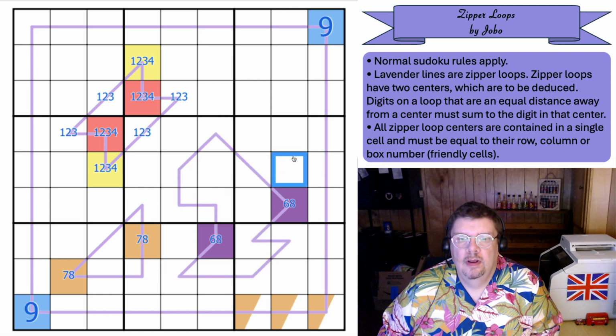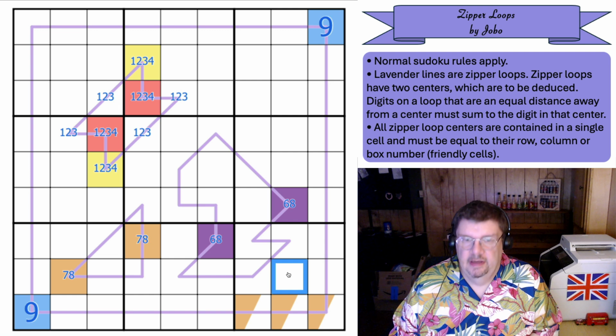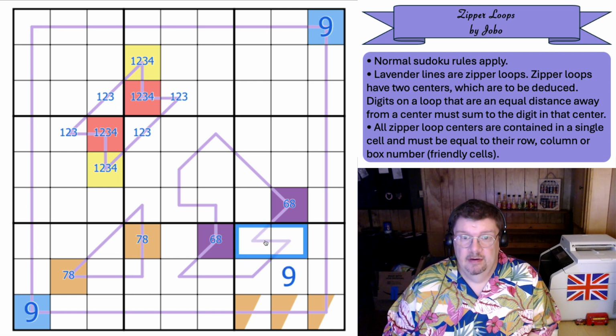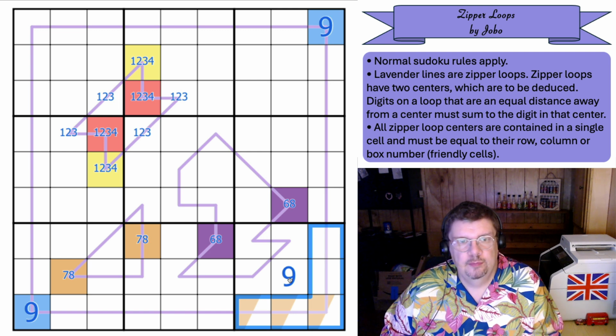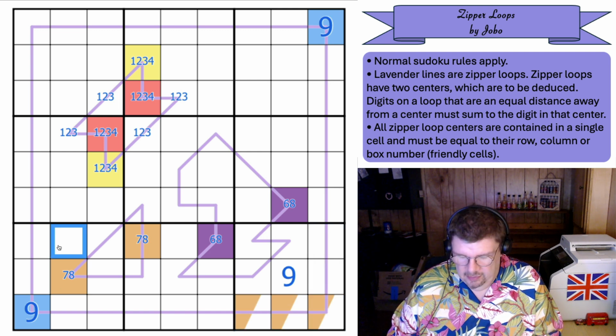Maybe there's some more. Well, yes, okay, I can place a 9 here because it can't go in any of those cells, and it can't go in any of those cells. That was probably a good thing to notice, and that's a 9.